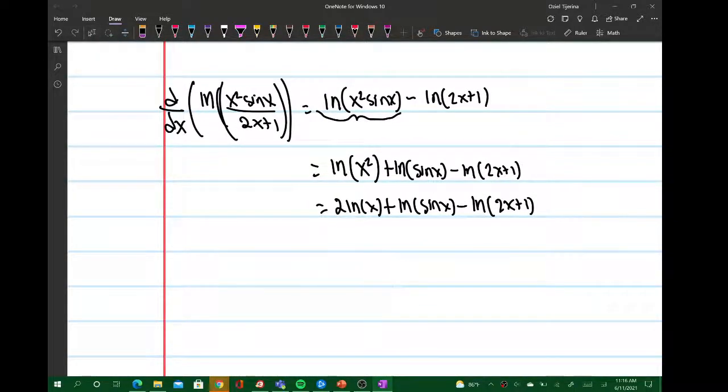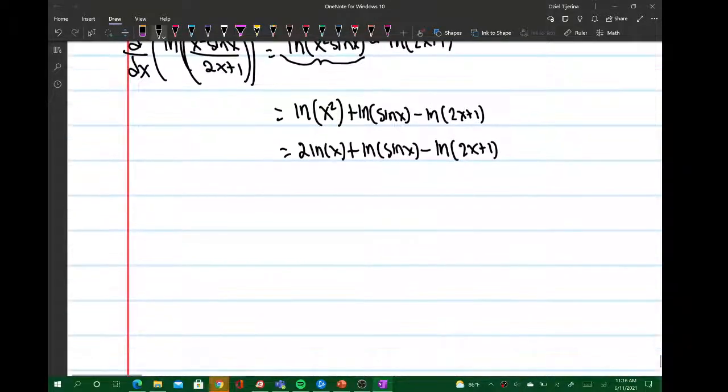Now this is a lot easier, because we don't have to use the quotient rule for that.